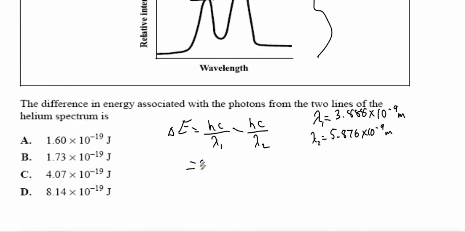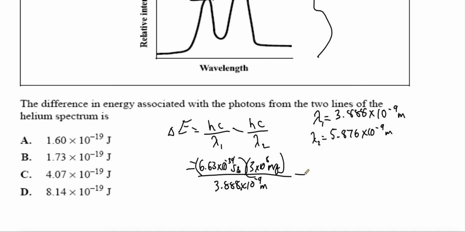So first is Planck's constant, which is 6.63 times 10 to the negative 34, and that's joule seconds. And we want to multiply that by the speed of light, which is 3 times 10 to the 8, and that is meters per second. And all of this is going to be divided by 3.88 times 10 to the negative 9 meters.